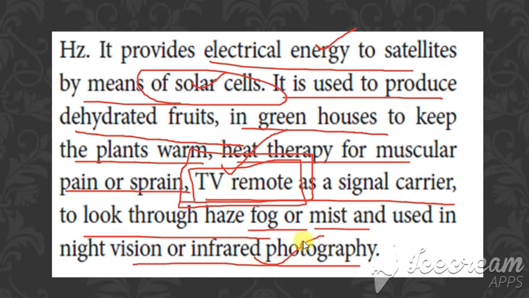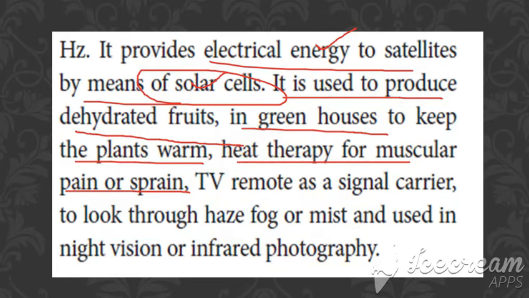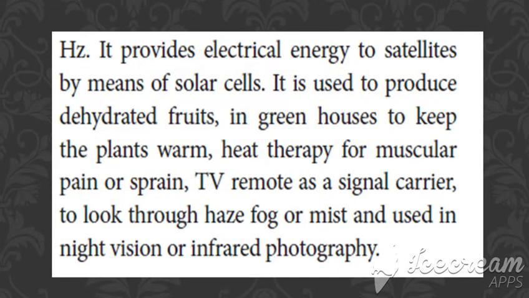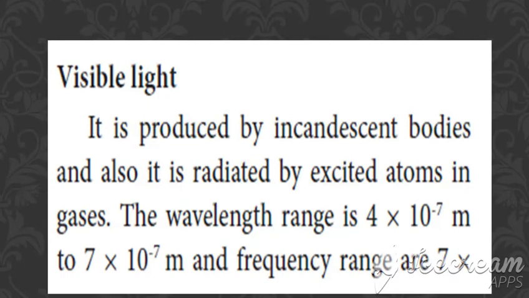That is called infrared photography. If we have fog or mist, we will not be able to take the photograph properly, is it not? But by using infrared photography we will be able to take it clearly. So this is about the IR waves, that is the infrared waves. Then next is visible light.